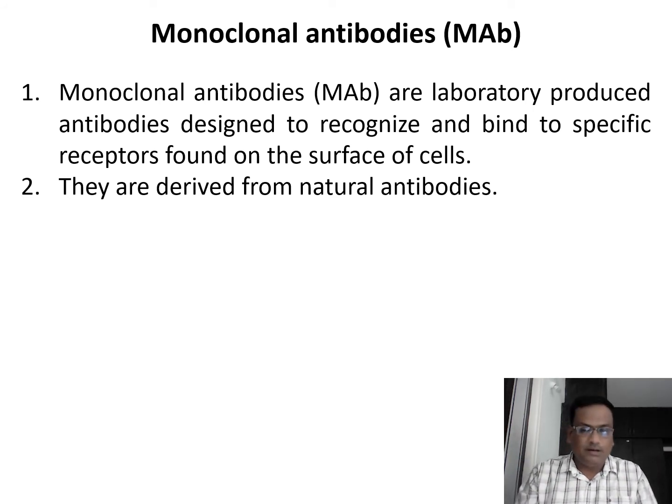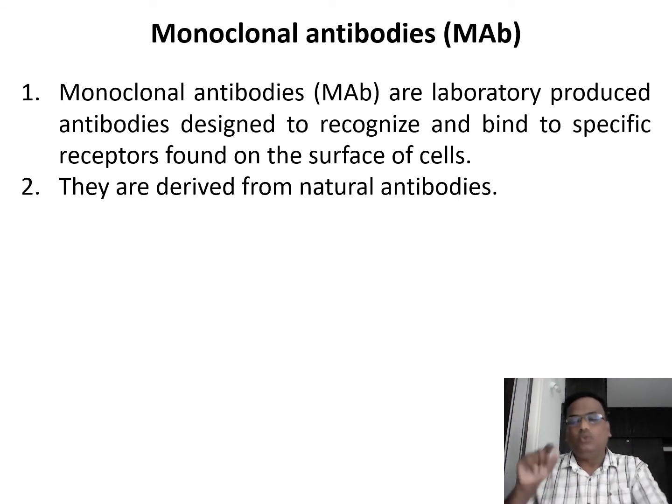Say for example, virus A enters into the body. So virus A infects the body. Now the immune system of the body is going to identify that A virus, and then it is going to produce anti-A antibody. I mean, the antibodies against that particular virus are going to be produced.